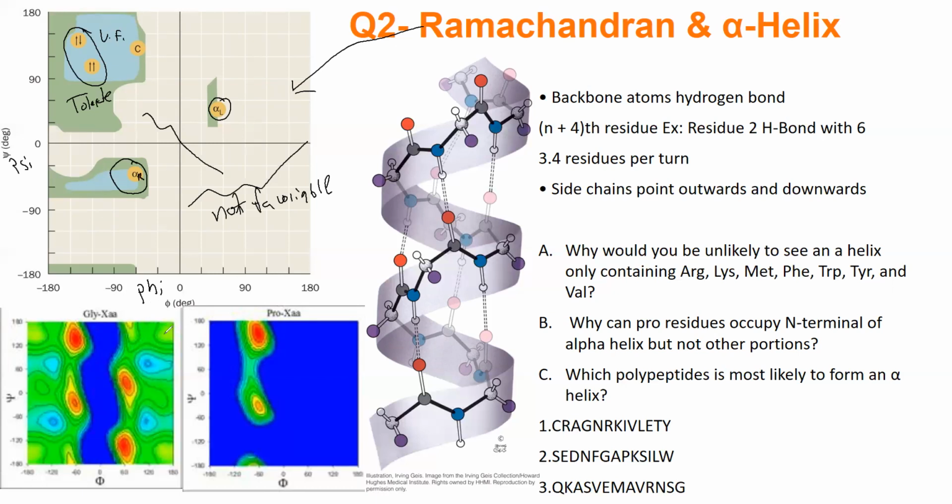And I actually did some work in this field myself, where I did different simulations of glycine next to every single amino acid and figured out what phi and psi angles we see versus proline. You can see that in proline, where blue you cannot be.